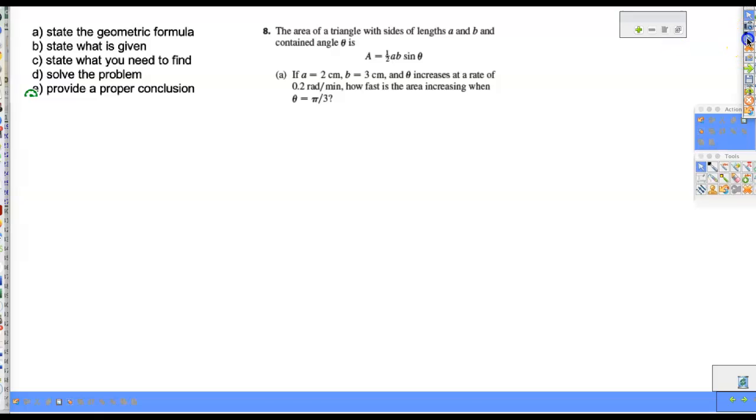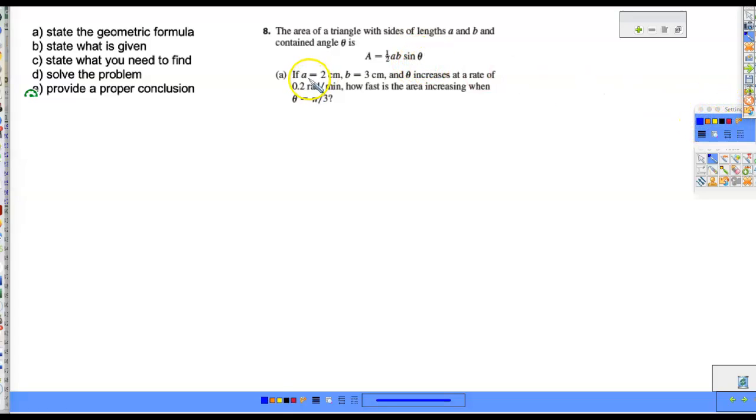What this is saying here is the area of a triangle with sides a and b containing an angle theta is given by A equals 1/2 ab sine theta.